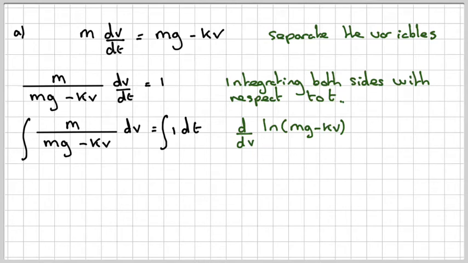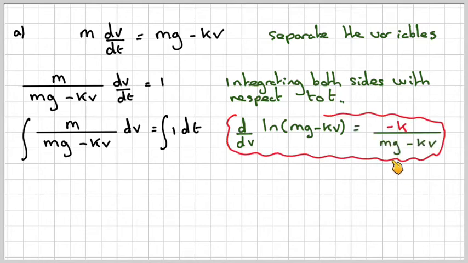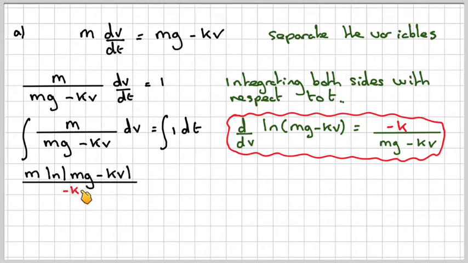If we differentiate that, don't forget m and g are constant, so we get an extra minus k, and we need the m at the top. So we have the m outside, ln of our guess, divided by minus k to compensate for that minus k.